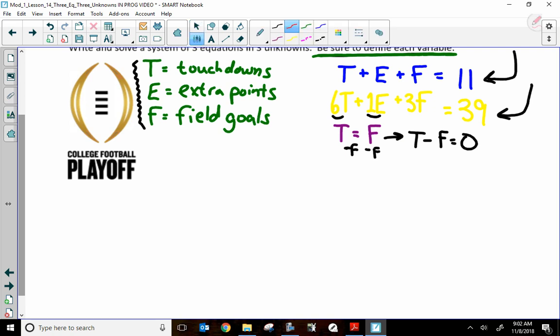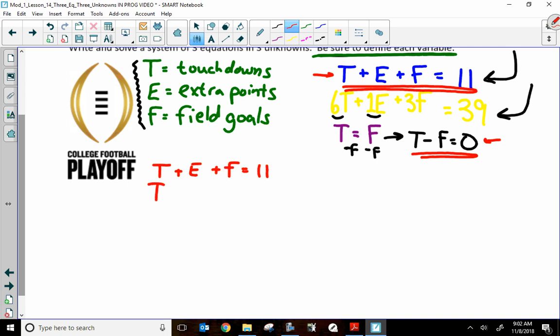And let's start. I'm going to take the first one and the third one. That seems easiest to me. Okay? So I've got T plus E plus F equals 11. And I've got T, I'm going to put my minus F here, equals 0. And you can see why I picked these right away.